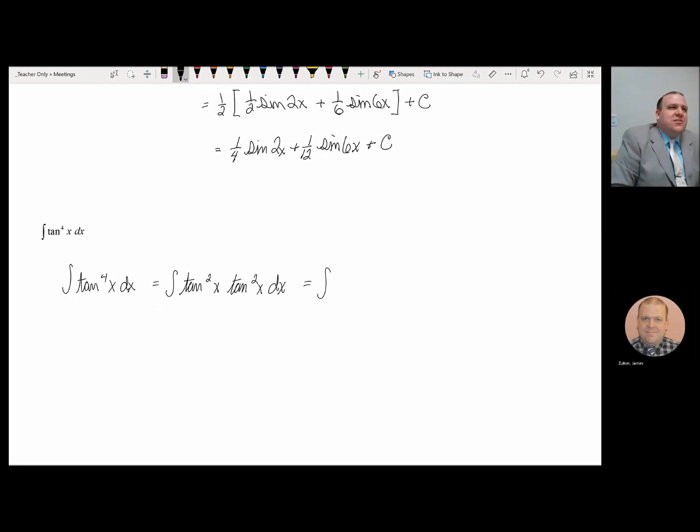Tangent squared, secant squared minus 1.